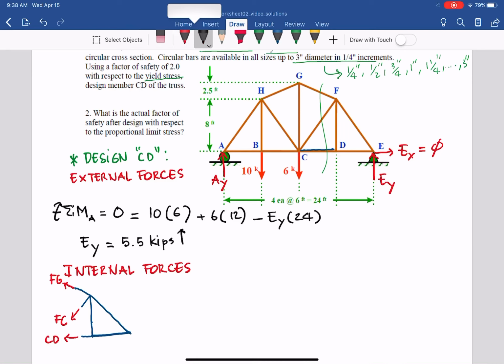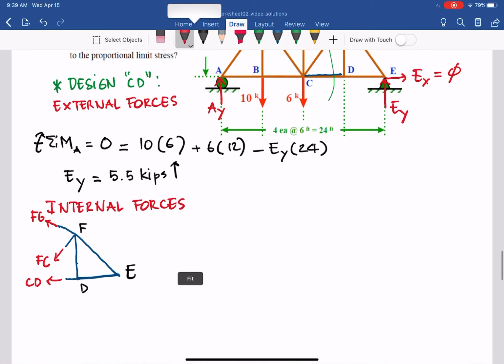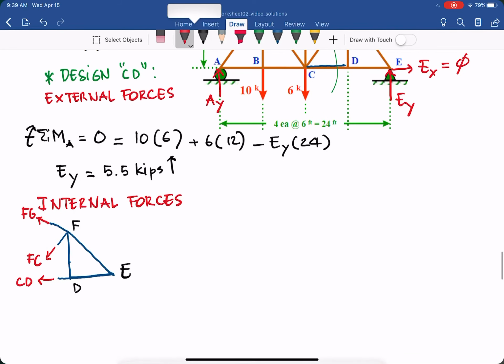Instead of the nodes, we have joint F, joint D, and joint E. At joint E we also have the reaction EY equal to 5.5 kips.